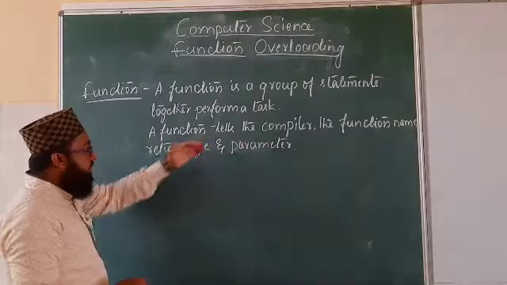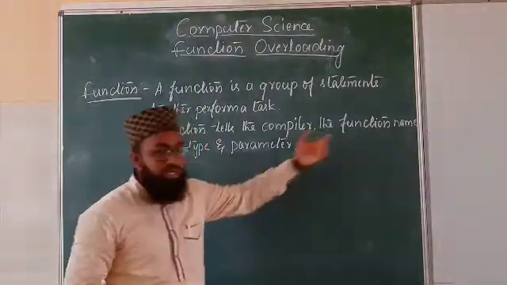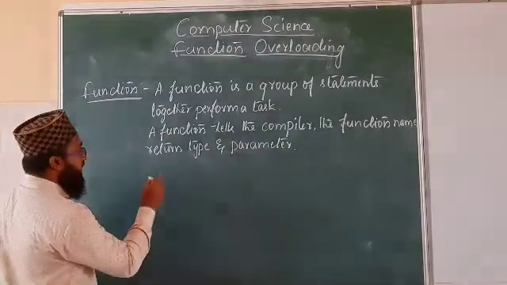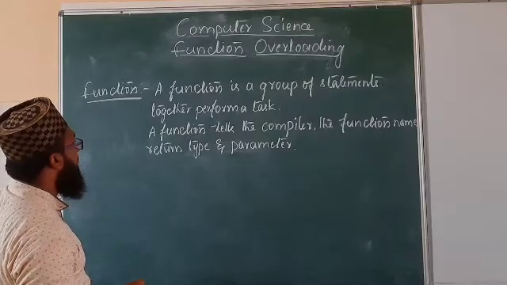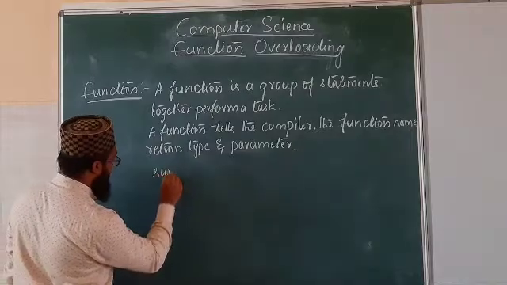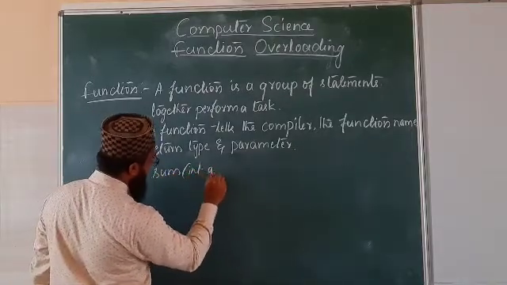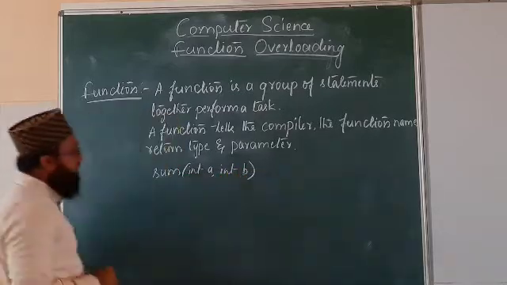We will take one example for this, then you will understand what is meant by function name, return type, and parameter. I will take one function, sum, with int a, int b.